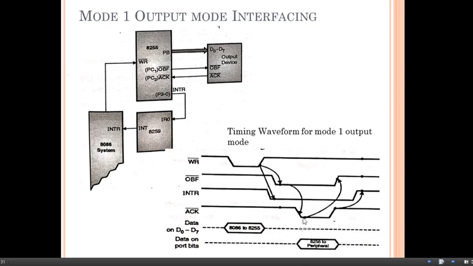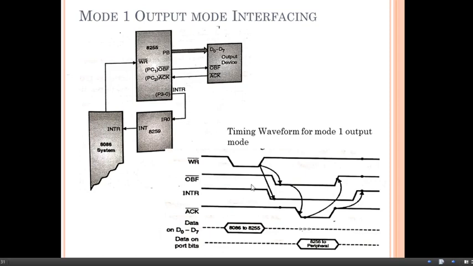Now here, once the acknowledgement signal is generated, the OBF signal is removed by the 8255. Once the acknowledgement signal is received by 8255, then 8255 will remove the OBF. Once acknowledge is made 1, the INTR is also made 1.